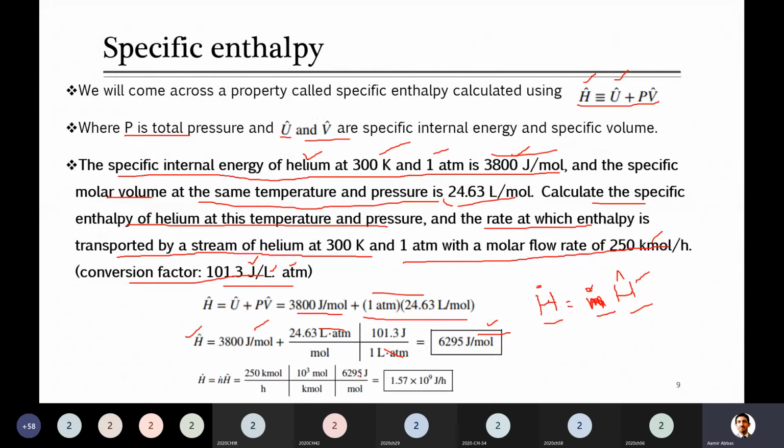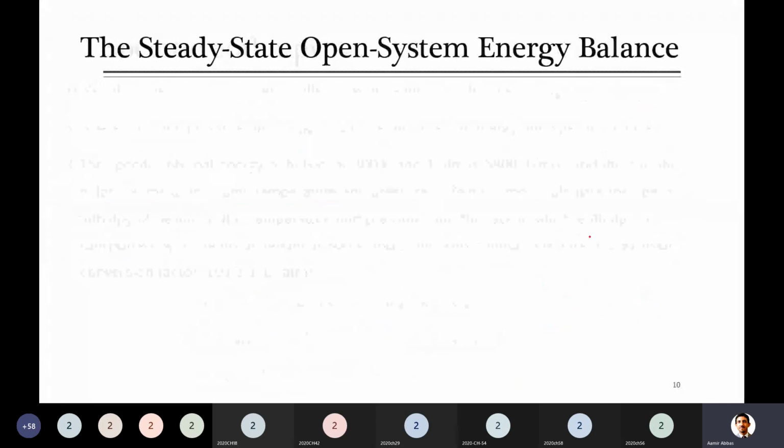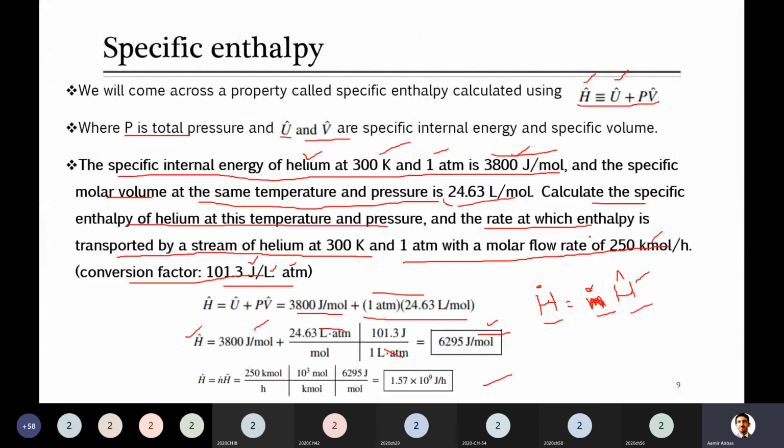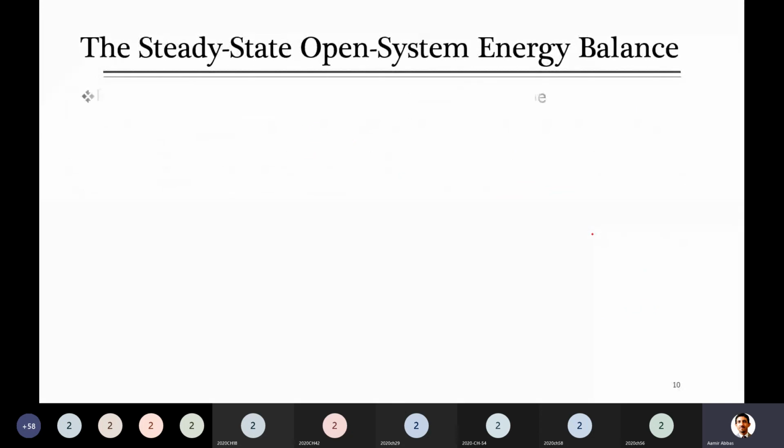So multiply it with that joule per unit mole, and you will get the answer, that is enthalpy rate or enthalpy per unit time. I think done. Any question? No, sir. It's straightforward. Just one conversion factor was important here, other is just a straightforward question.